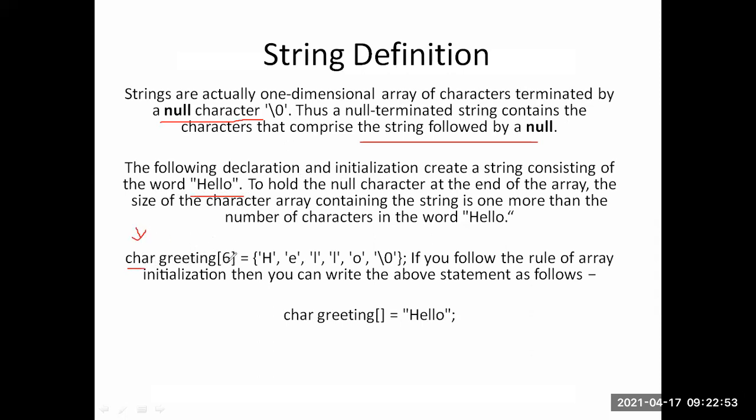I am holding 6 characters here, so the size of the array is 6 and the array name is greeting. I write H E L L O and then the null character, which means the string ends after the letter O. Another way to represent the string is char greeting equals Hello. In these two ways we can represent strings.